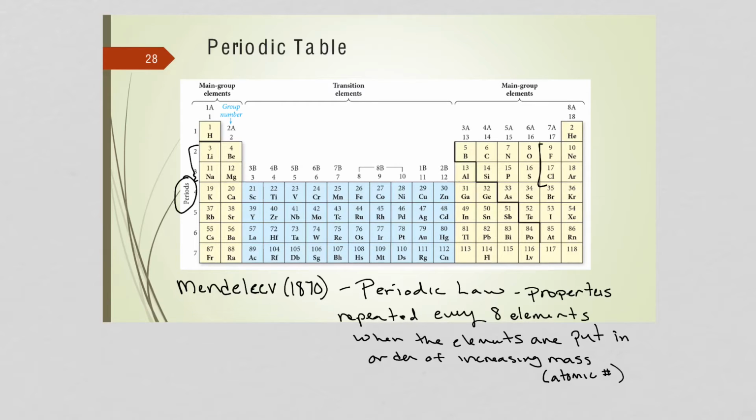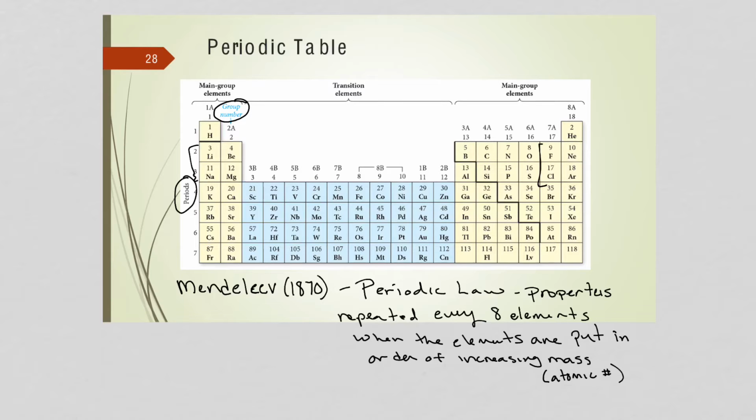The columns are called groups. And those groups are organized in what we call the group numbers. So the first group is group 1A, and then 2A, and then we go over here, and we have 3A, 4A, and 5A.